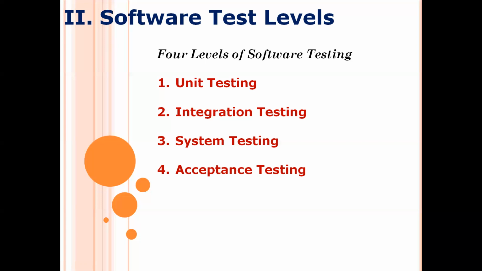The most basic type of testing is unit or component testing. Unit testing is a level of software testing where individual units or components of software are tested. The purpose of unit testing is to evaluate that each unit of software performs as designed.